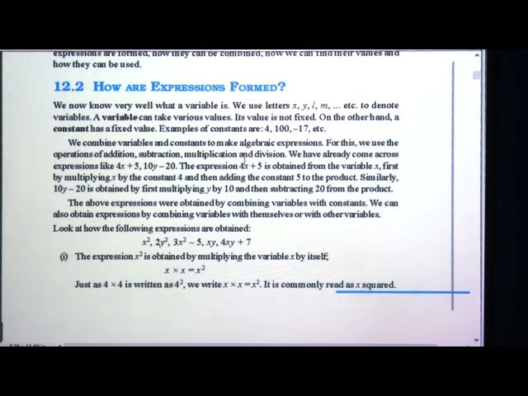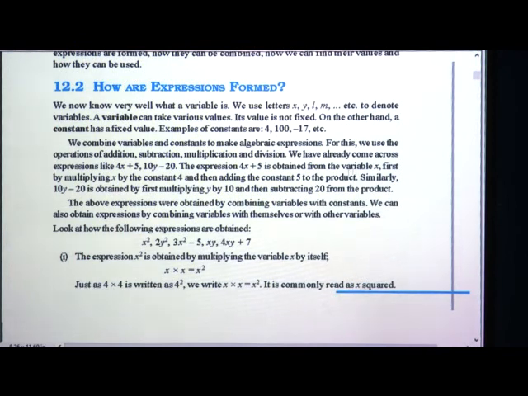What is the variable here? x. First we multiply x by the constant 4, that is 4 multiplied by x, or x multiplied by 4, and then add the constant 5 to the product.